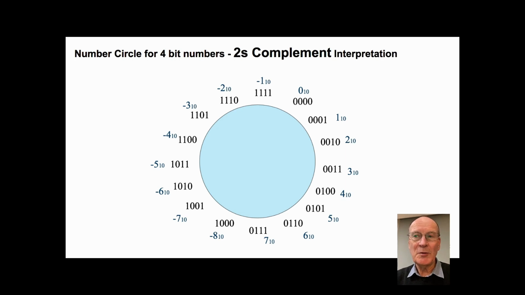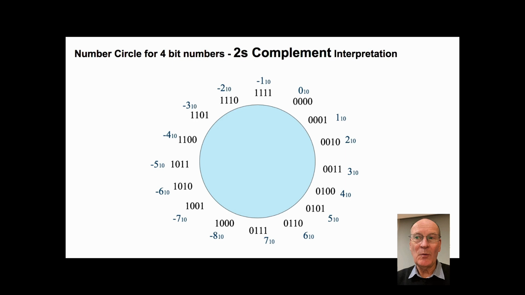And the reason it's called 2's complement is that, let's say you had a positive number like 1, and you wanted to convert that to the negative equivalent, in other words to -1. The way you would do it is to complement or negate all the bits. In other words, 0, 0, 0, 1 would be replaced by 1, 1, 1, 0, and then add 1.